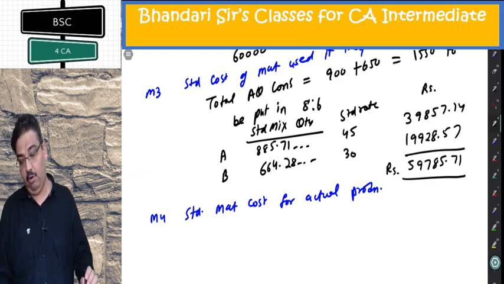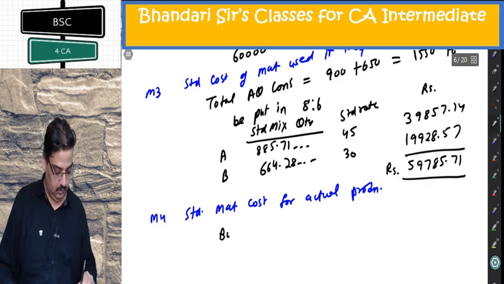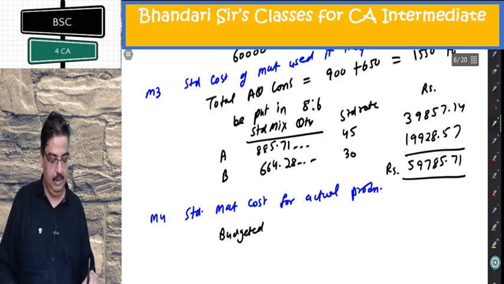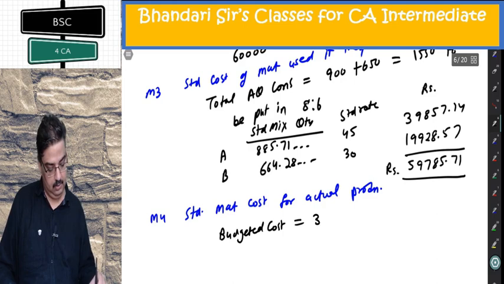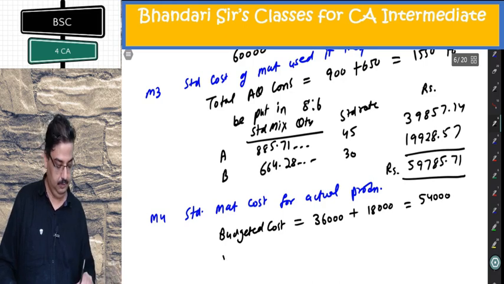So I am getting from the first table budgeted cost 36,000 plus 18,000, 54,000.